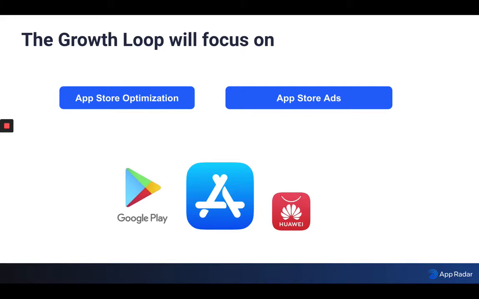So don't forget about that one in a year or two. I think it's going to be one of the significant players as well. They all differ from each other, but the fundamentals are the same. Today, I'm going to take the most popular one, which is the Apple ecosystem. So we're going to start off with that, but the principles can be applied to Google Play or Huawei as well.